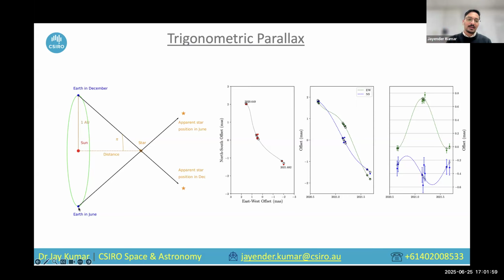We look at that particular object 6 months apart, and half of the angle that we observe is what's called parallax. We know the distance from Earth to Sun very accurately, and we know this angle, so we can calculate this particular distance, and that's your trigonometric parallax technique.